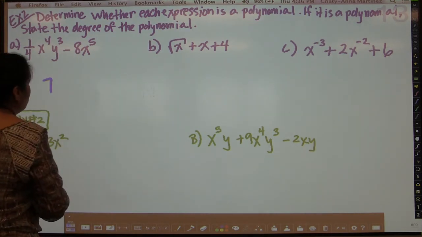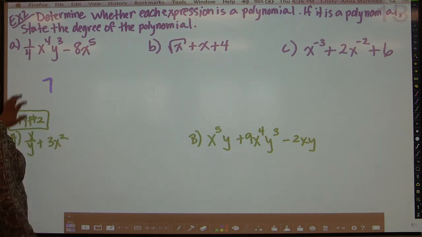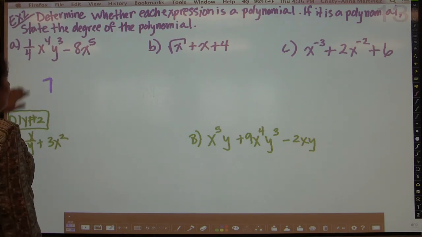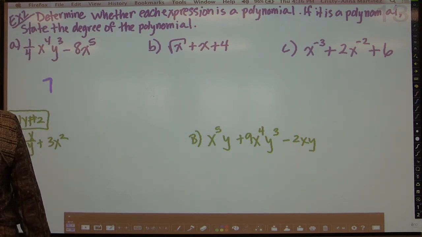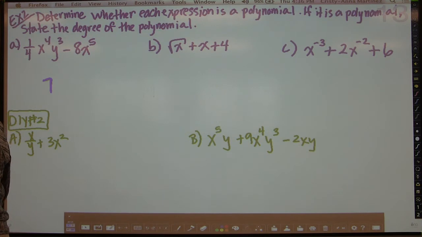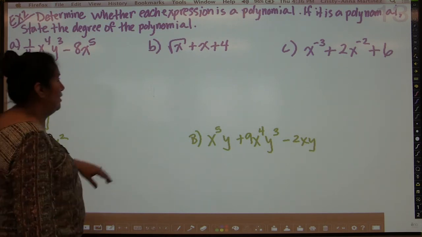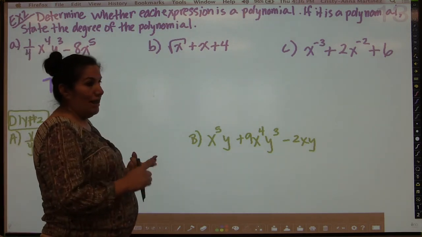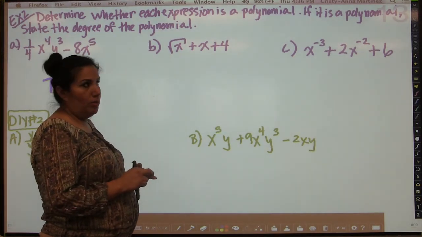And it says determine whether each expression is a polynomial. A is a polynomial, and its degree is 7. Now part B is not a polynomial because we don't consider fractional or negative exponents as polynomials.